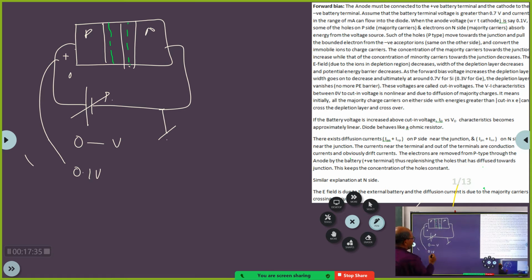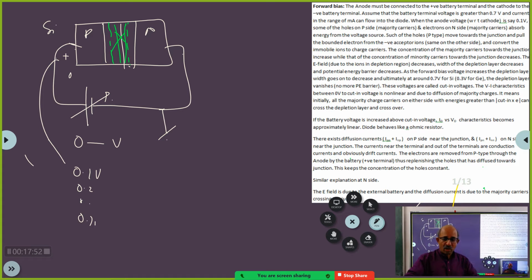And as we increase this voltage, 0.2 volts, 0.3 volts, this depletion width goes on decreasing, and finally, if it is silicon, then when the potential difference here is 0.7 volts, this depletion layer will vanish.